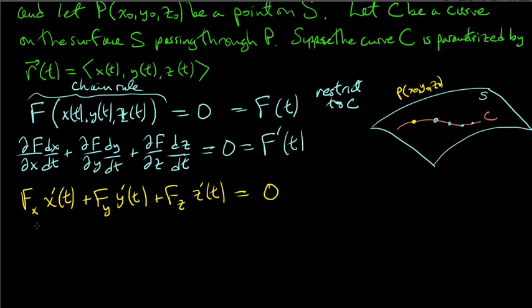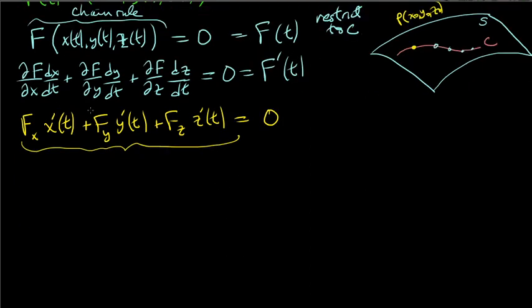Okay, so far? So now I'm going to get a little creative here. This might not look that familiar to you. On the other hand, if you think of the fx, fy, fz, you know that that's just the gradient of capital F. It's the vector with those three components.